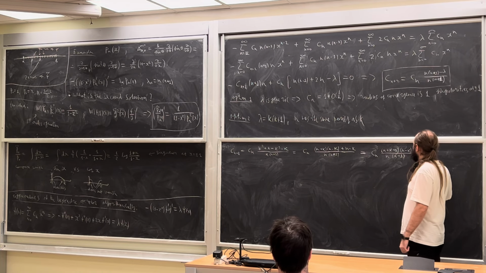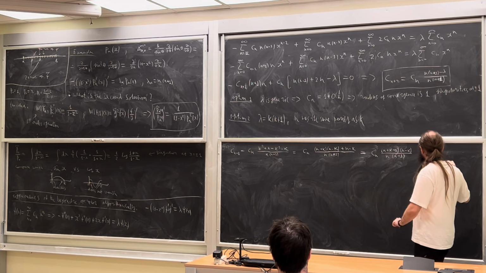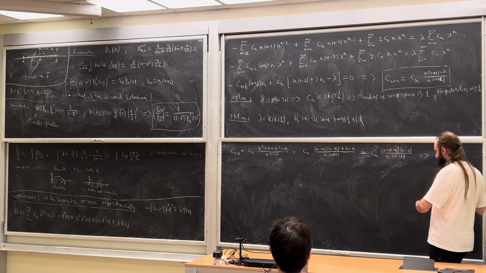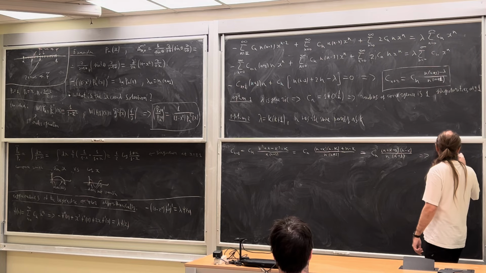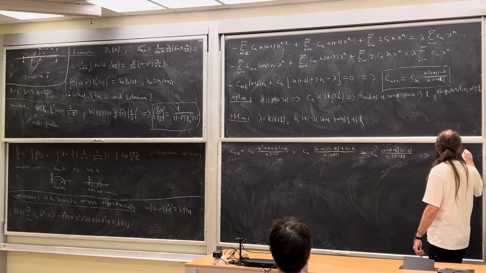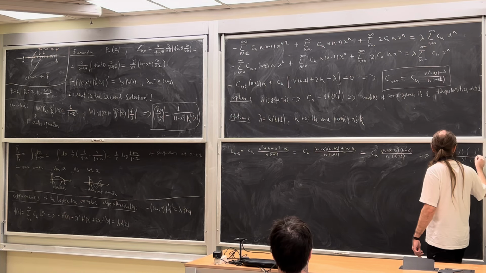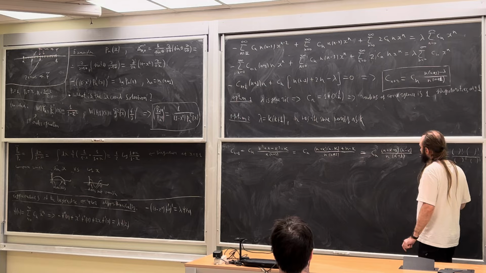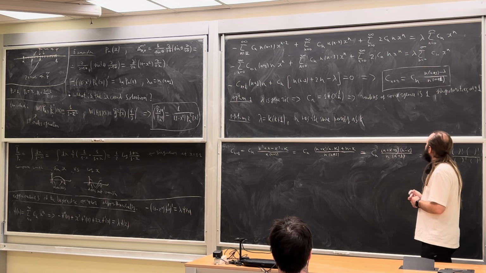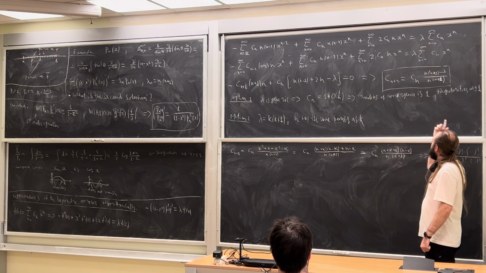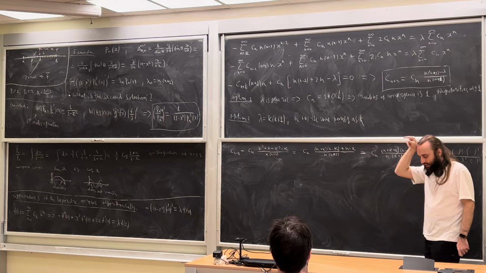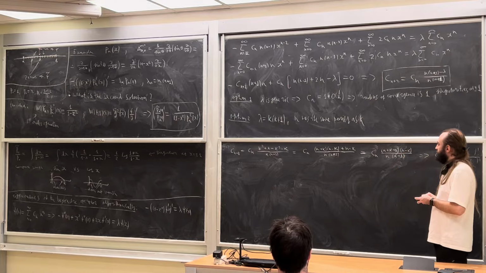So in principle there should be an explicit formula for C_n equal to a ratio of some factorials or double factorials. And of course you see that they are polynomials since this recurrence terminates at n equals k.